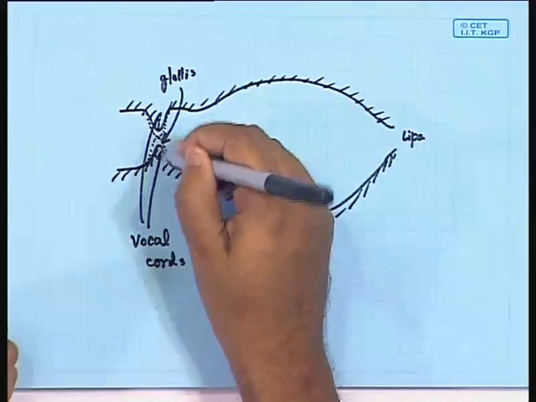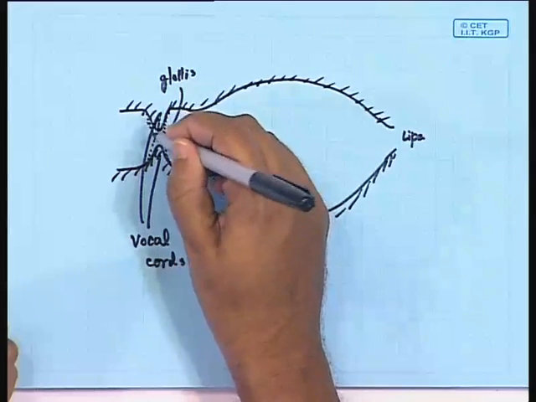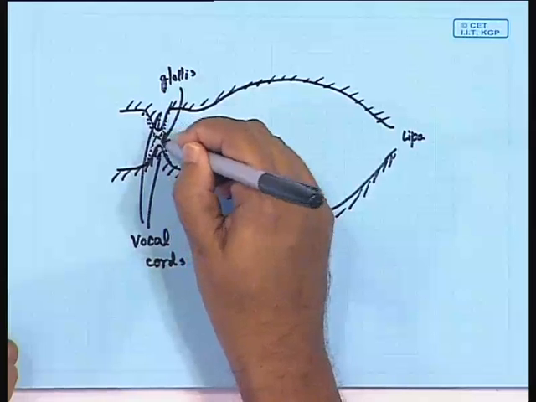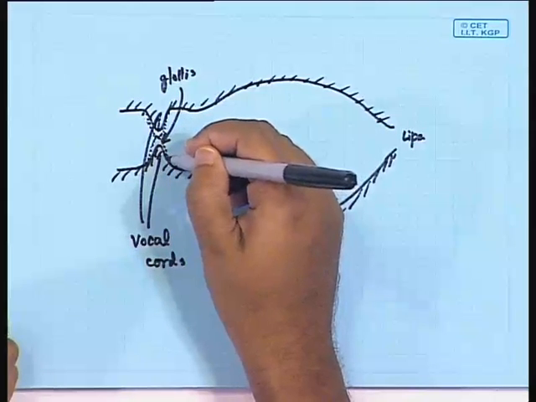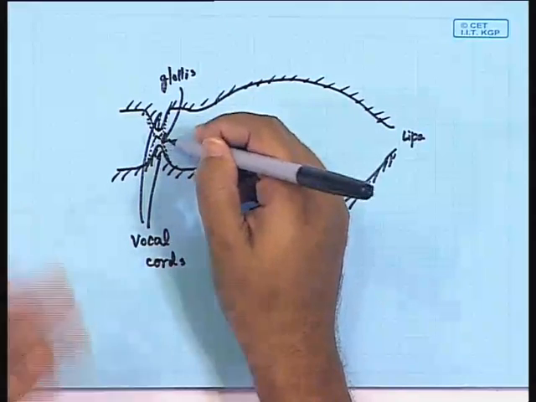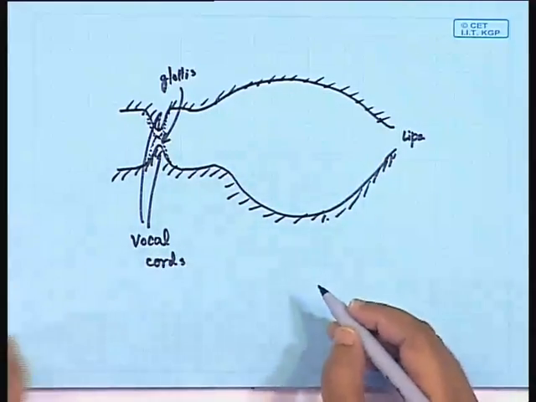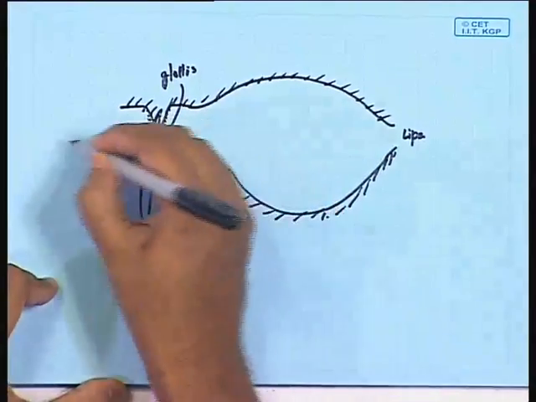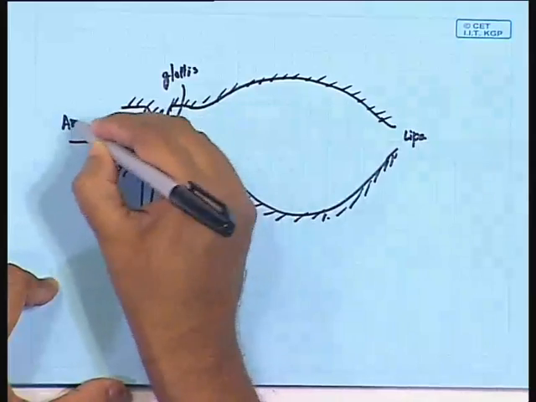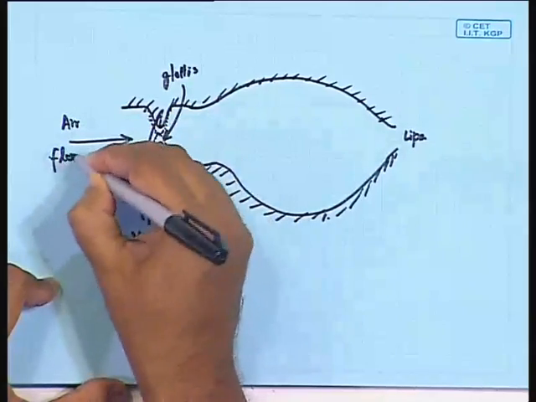Now as a result of the vibration in the vocal cord, this is how the glottal passage may get closed, and then again the glottal passage can be opened. So it is a quasi periodic opening and closing of the glottal passage that I was talking of, and here we have the air flow from the lungs.